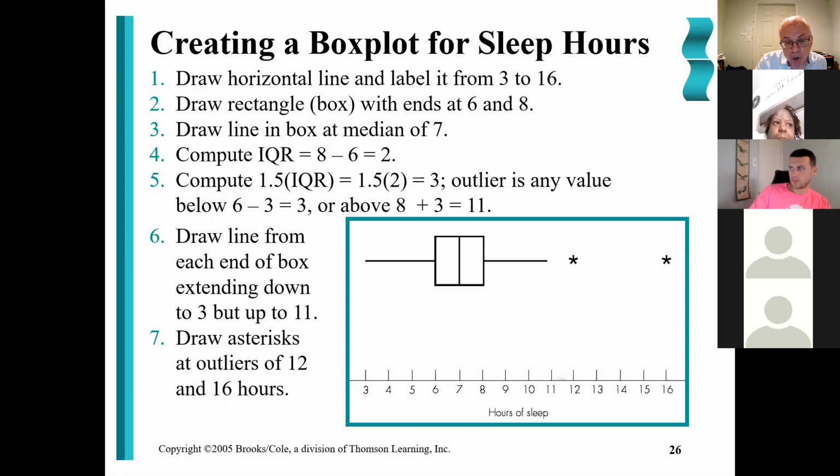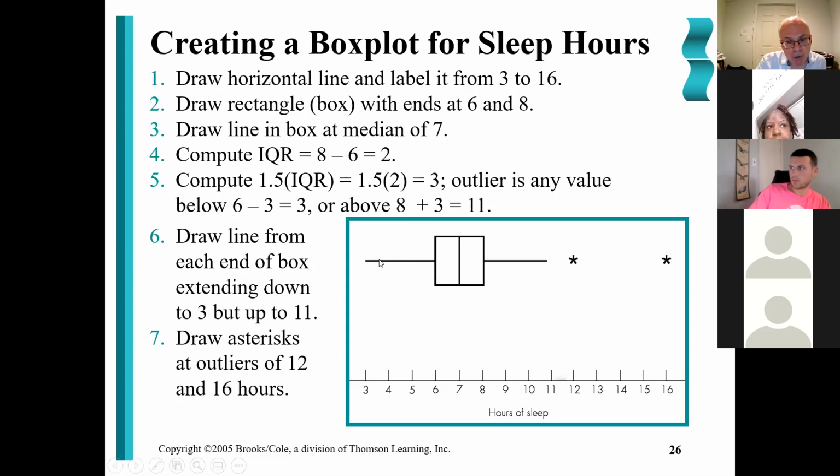If we had, let's say, 2 or 1 in the data set, if somebody said I only slept 2 hours, that would be an outlier. But in this case, there are no small outliers. So when we draw this box plot, we're going to draw a horizontal line that goes from the lower quartile all the way down to the smallest value, 3.